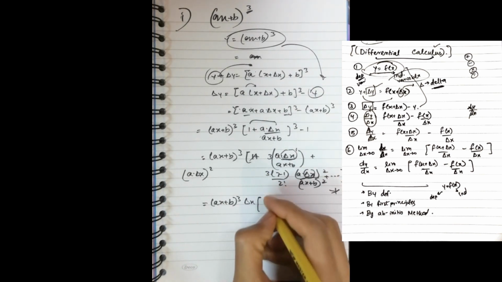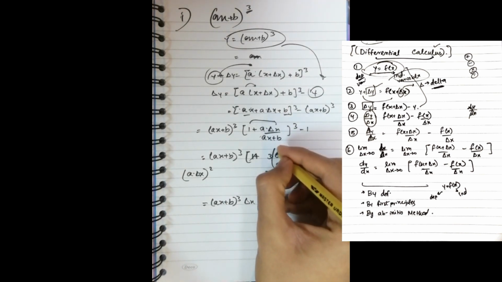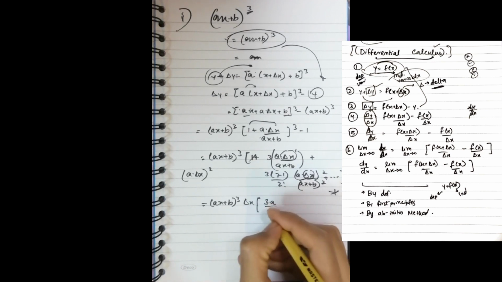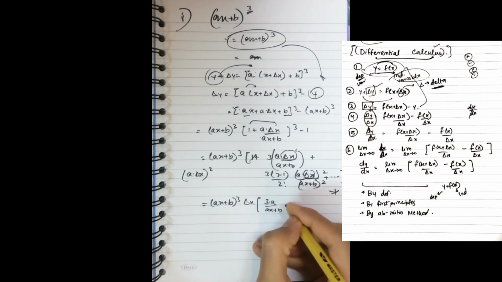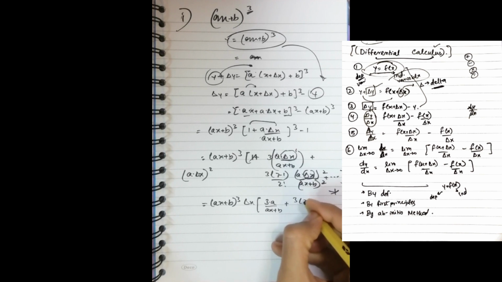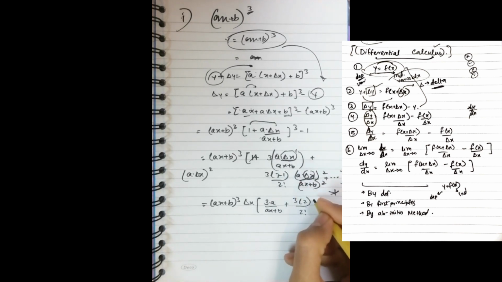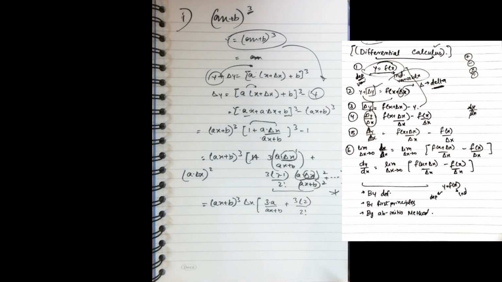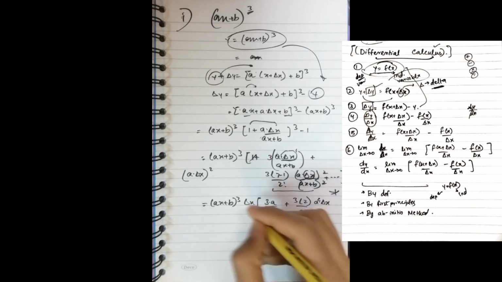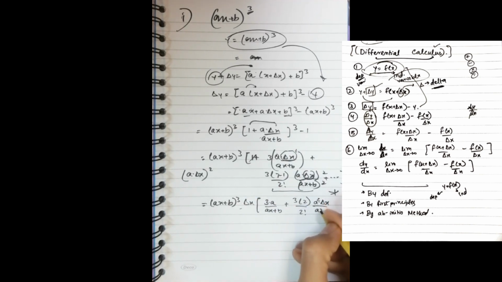What remains is 3a/(ax + b), plus 3(3 minus 1) divided by 2 factorial. I won't recommend you simplify this, because this would become 0 at the end of the question. Then a^2 Δx, only one Δx remains and the rest is taken out, over (ax + b)^2, plus and so on.